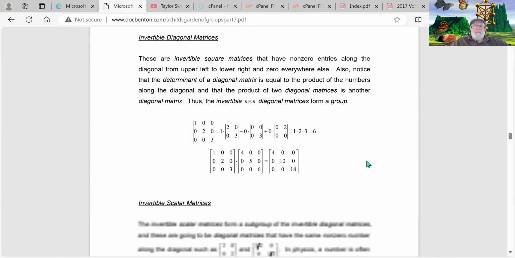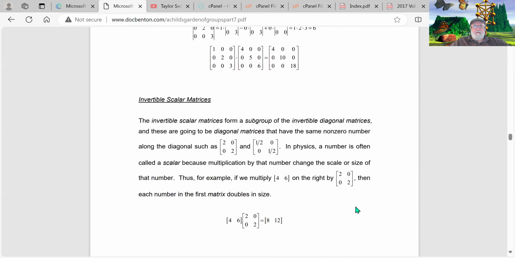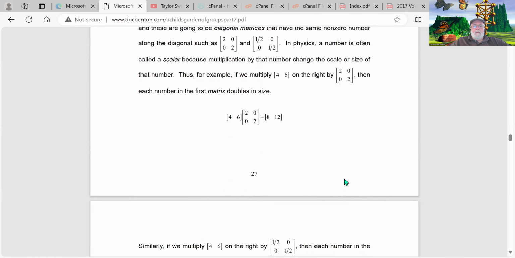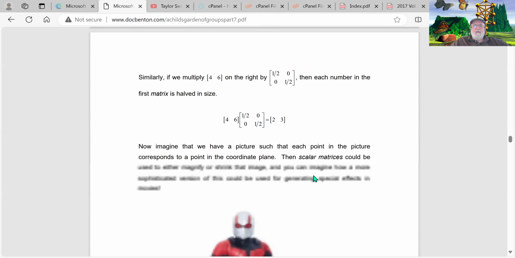Invertible diagonal matrices. A diagonal matrix has numbers down the diagonal from upper left to lower right, zeros everywhere else. Invertible scalar matrices. These matrices can make something look a lot bigger or smaller by multiplying by the right thing.